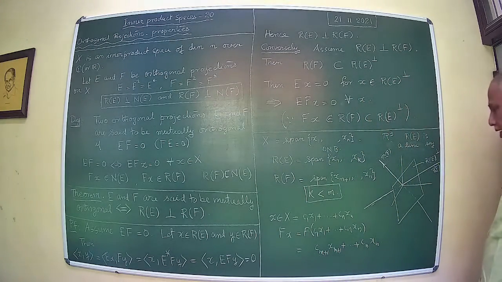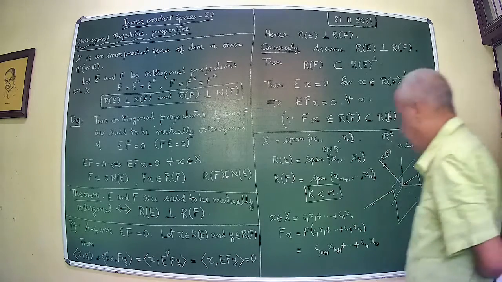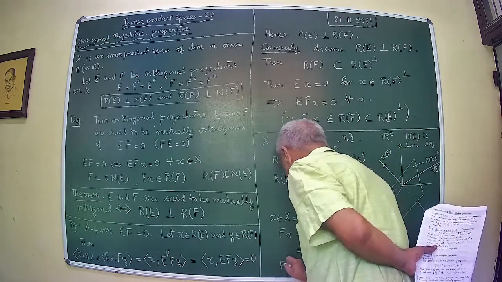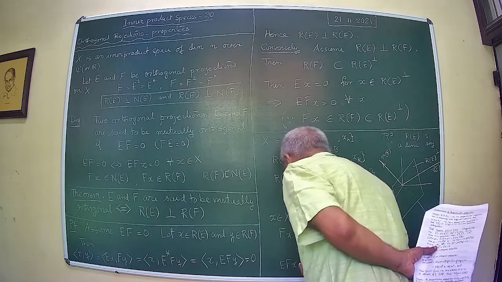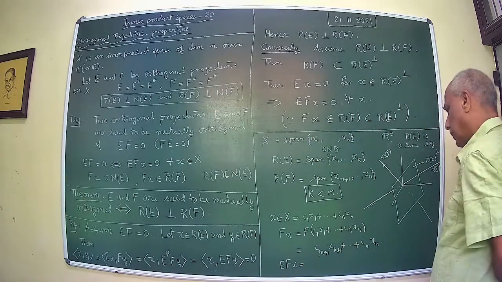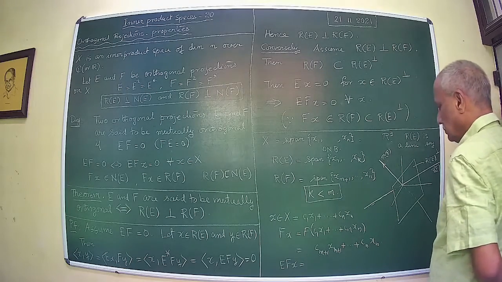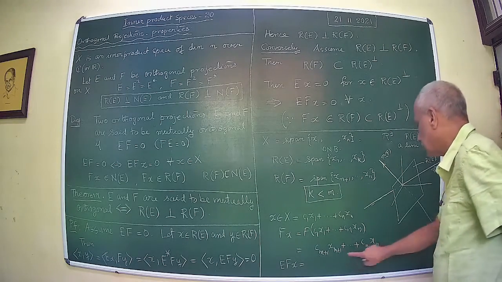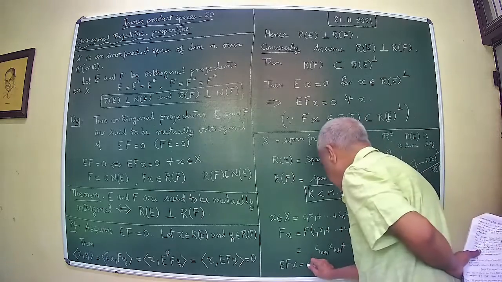That's the action that you have. Now you take E of F of x; apply E on that. These vectors do get mapped to 0, therefore you get 0.